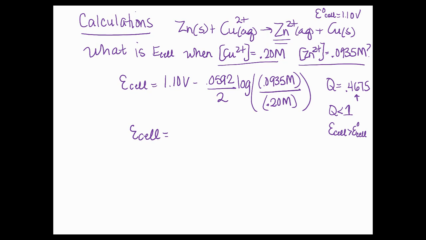This whole mess is a negative number, so you take 1.10 volts minus that negative number, and it should add on to it. I'm not going to lie, it's not a big add here. It barely changed because we're not that far away from Q being 1.